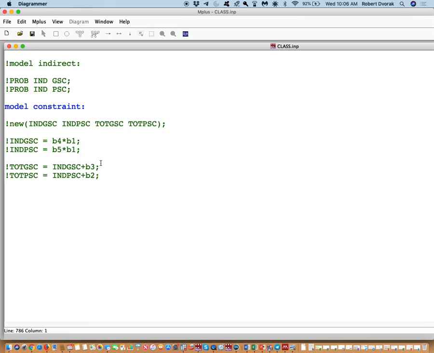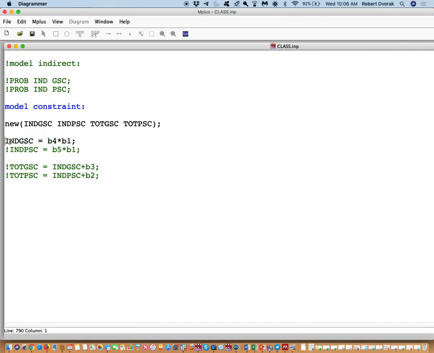So what we're going to do is say model constraint, and we're going to say new. And we're going to name these new parameters. I guess calling them variables is not accurate, because these are all new parameters. And so we're going to name 4 new parameters here.